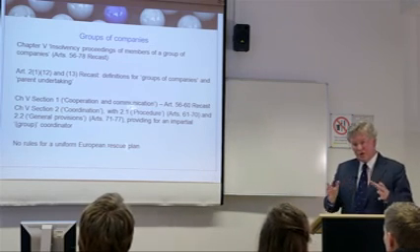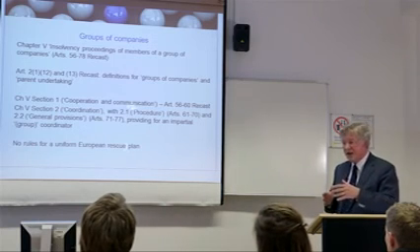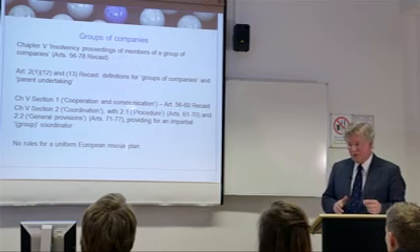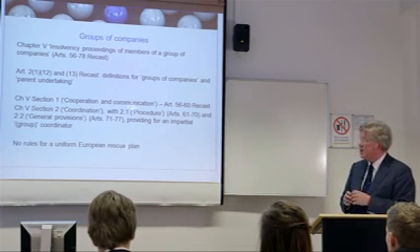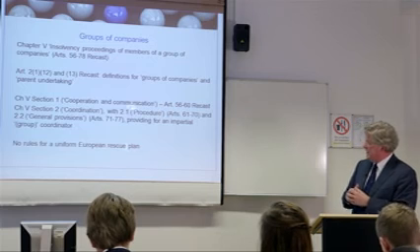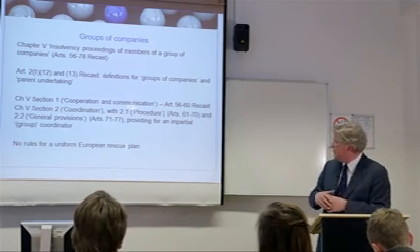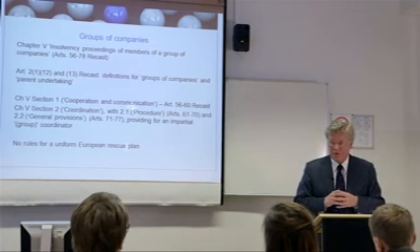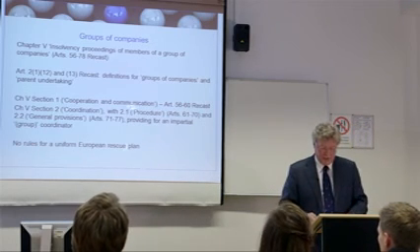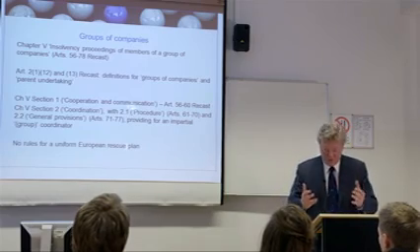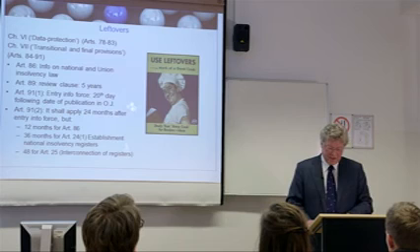There's a section on cooperation and communication, which I just explained, and there's a section 2 on coordinating proceedings between a main proceeding and several proceedings that involve subsidiaries of a parent undertaking, procedural rules, and also the possibility to appoint an impartial, neutral group coordinator. There are no rules for a uniform European rescue plan. Well, these were the main novelties in the recast of the regulation.